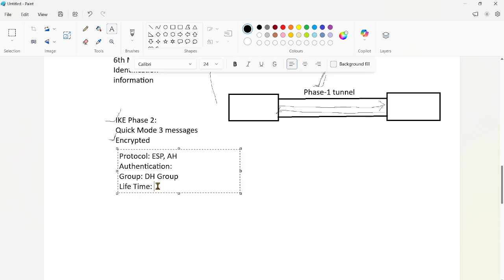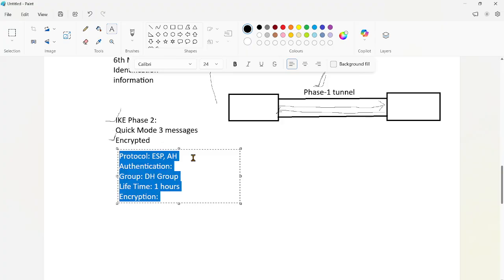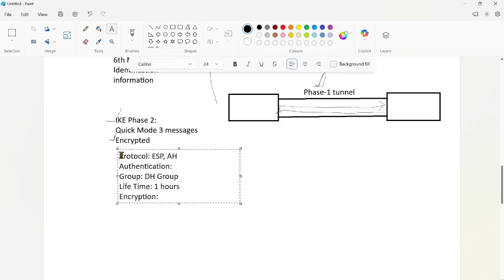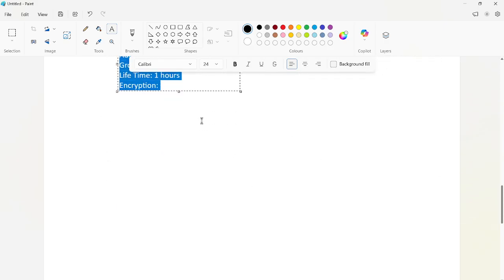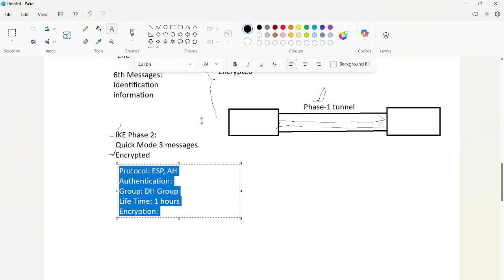By default on the Palo Alto firewall, the lifetime of the phase 2 tunnel is 1 hour. The next one is the encryption algorithm. These are the parameters exchanged in the first two messages of quick mode. If any of the parameters mismatch, like we discussed in phase 1, the phase 2 tunnel will not form.